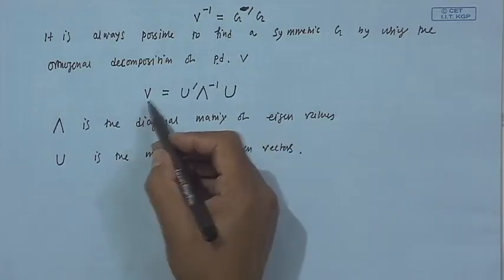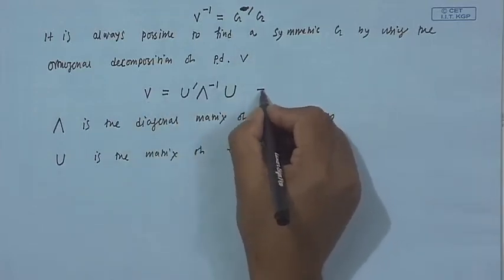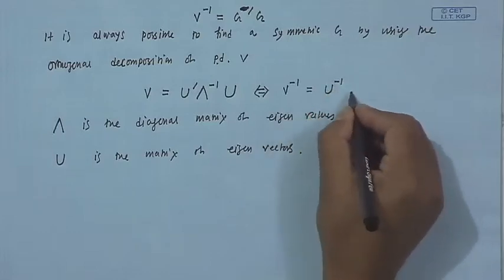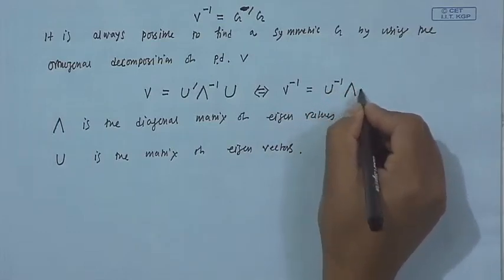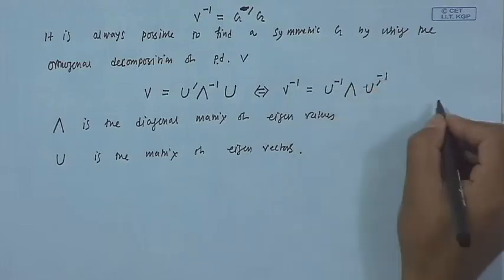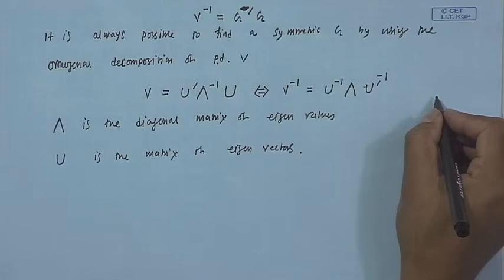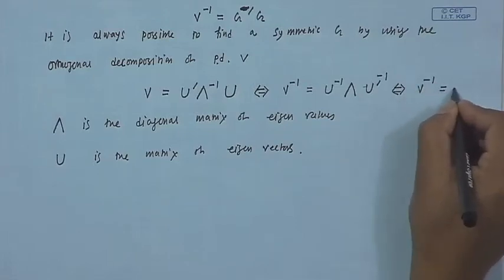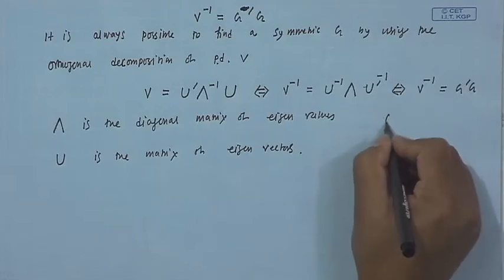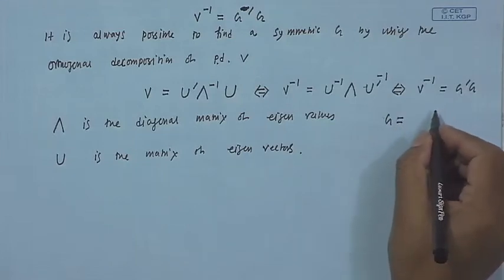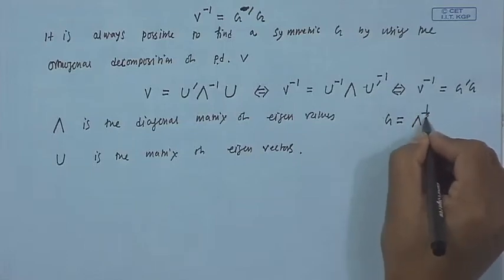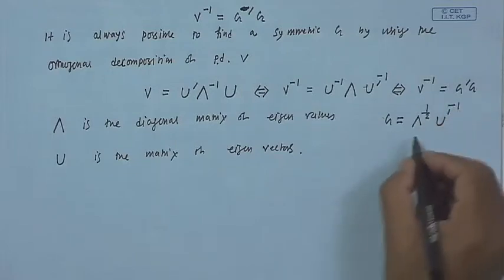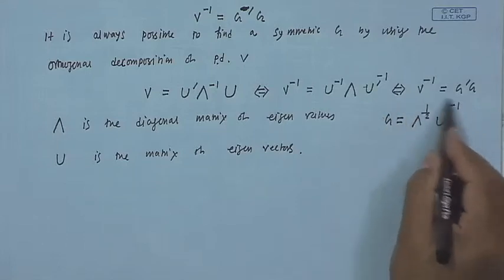Now, we want to find G. So, this implies V inverse is equal to U inverse capital lambda U prime inverse, and I want to write this V inverse as G prime G. Then the choice for G is G equal to capital lambda half U prime inverse. Okay, so this is the choice for G.